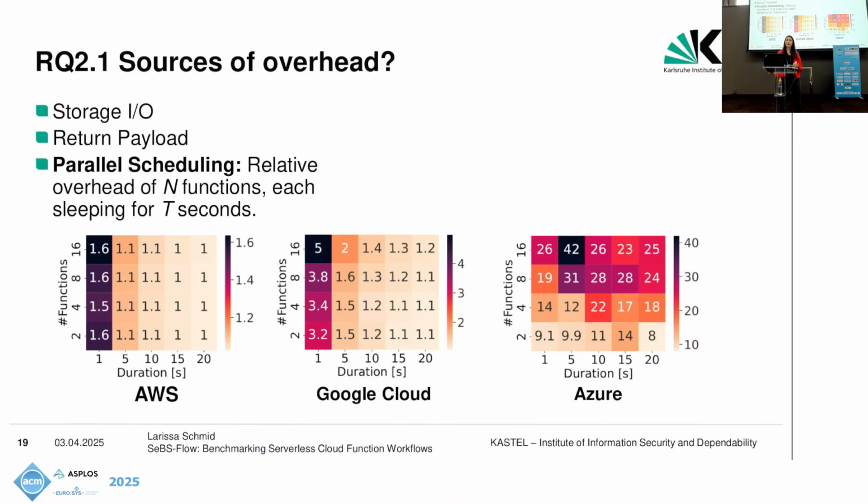However, when we look at Azure, we can see that the relative overhead incurred is an order of magnitude bigger. It's up to 42, starting from only 8, so it's really a lot bigger than the 1.1 on Google Cloud and 1 on AWS. And it's also not clearly correlated to the number of functions or the sleep duration.